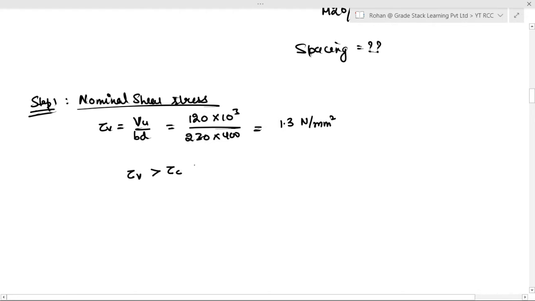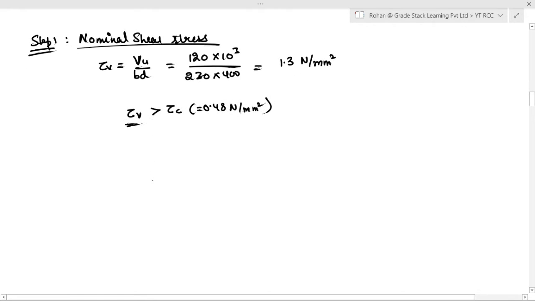This tau v is greater than tau c, which is equal to 0.48 Newton per mm square. So for this nominal shear stress, we have to design the shear reinforcement.